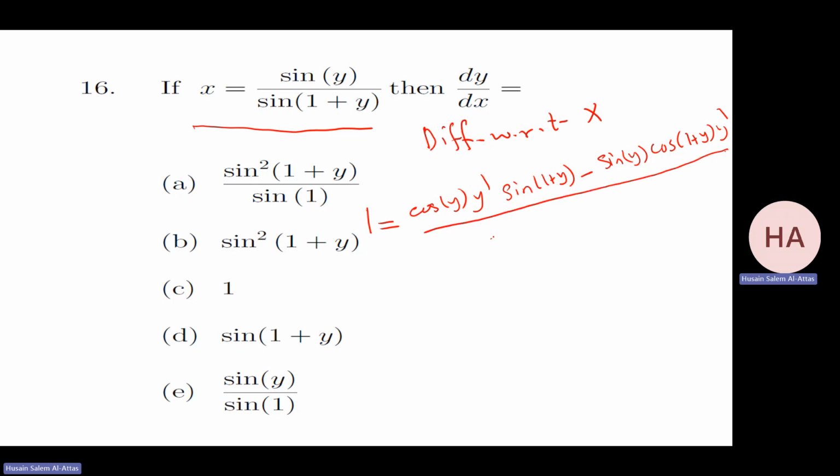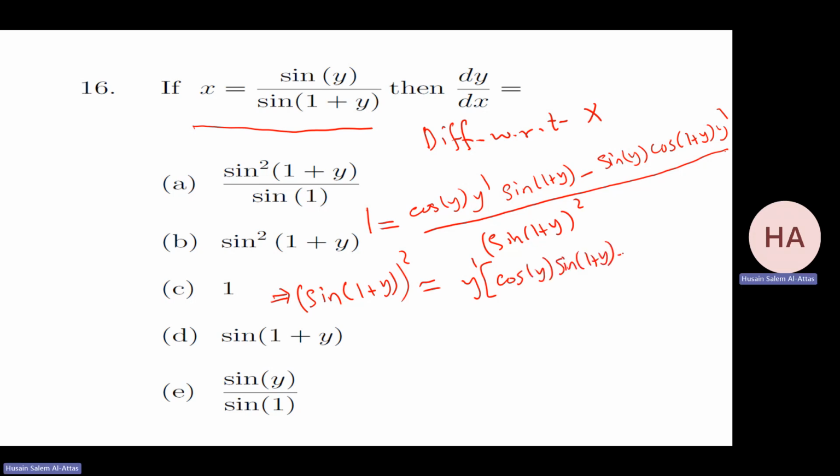That will be y prime over sine squared (1 plus y). Which implies sine squared (1 plus y) equals what? I have y prime times this: cosine y sine(1 plus y) minus sine y cosine(1 plus y).